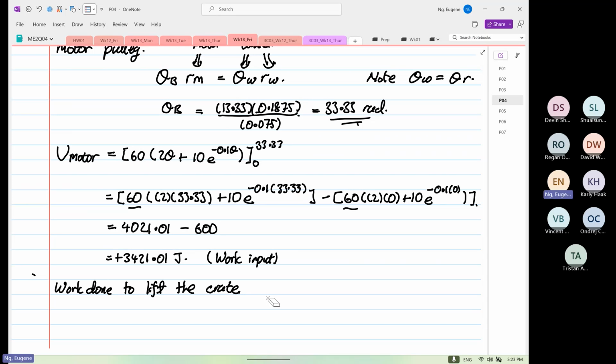So the work done to lift the crate, I call this U crate. So this is a very easy formula, which is equal to minus 100 times 9.81 because we were given a mass, and then we multiply by a distance of what? 1.5.